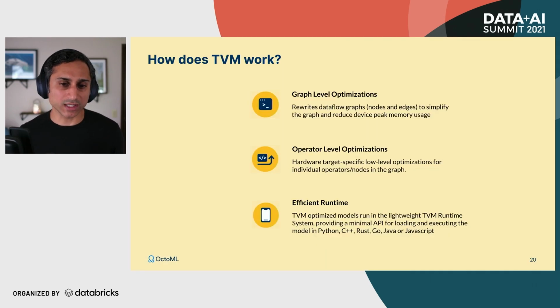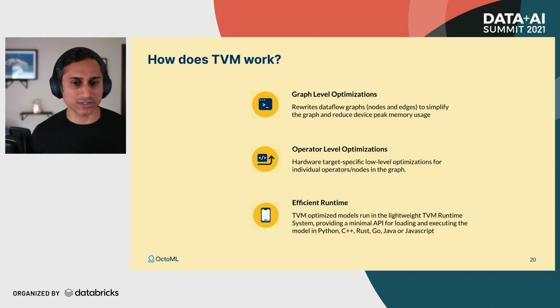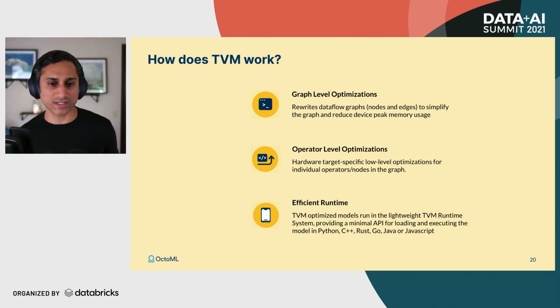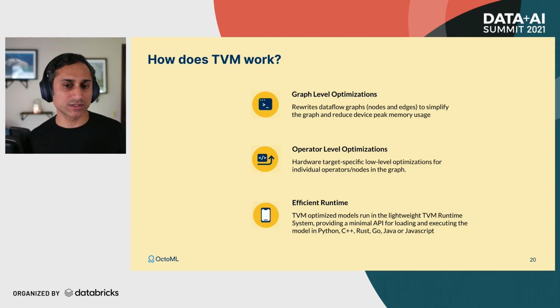Okay, so at the high level, TVM has 3 bags of tricks that it does to speed up your model. One of them is graph level optimizations. This essentially rewrites the data flow graph, like the directed acyclic graph of your neural network, the nodes and edges, to simplify the graph and reduce device peak memory usage.